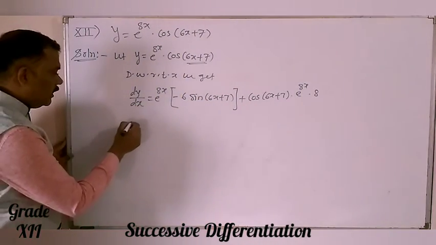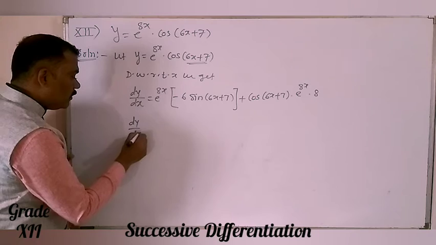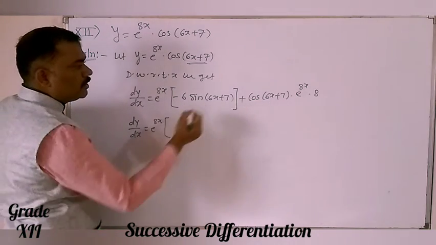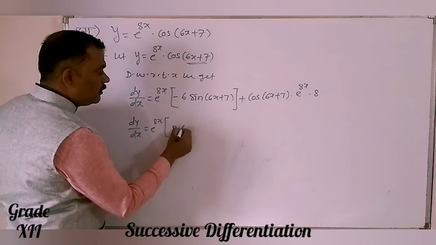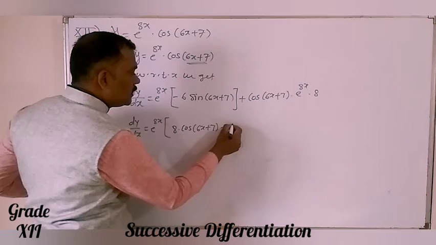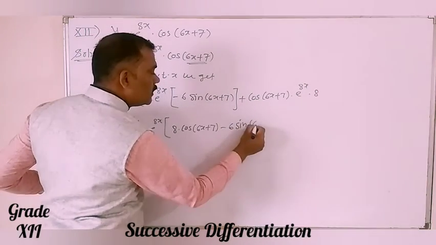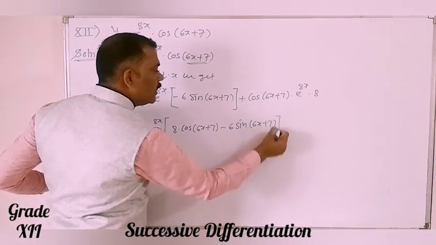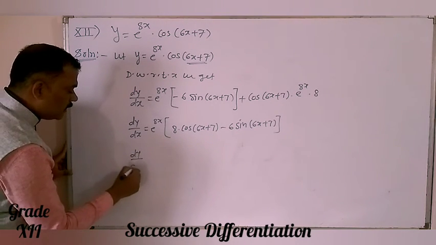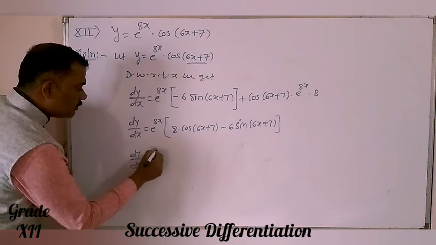So that we can write dy by dx is equal to e raised to 8x, we take the common, so that positive term we have to write first, 8 into cos of 6x plus 7 minus 6 into sine of 6x plus 7.